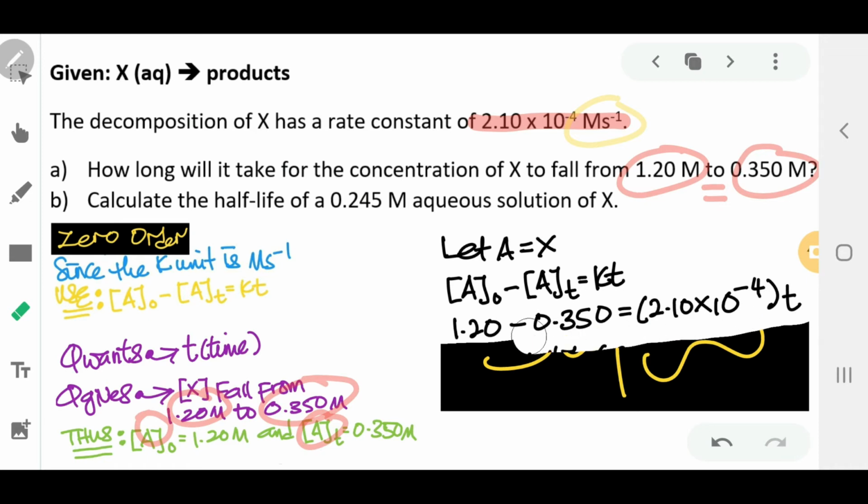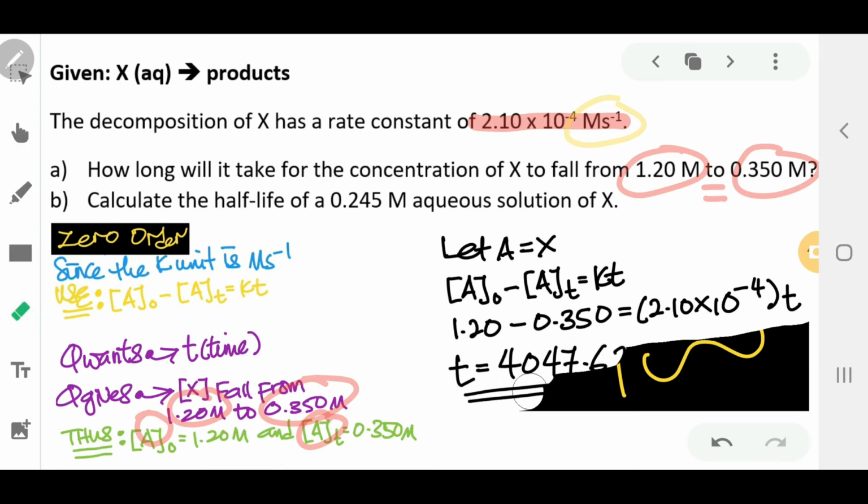So you're just going to plug in all the values. I'll take 1.2 as the initial concentration as what the question has told you, and the concentration at a given time, 0.35. Plug that in right there. You're going to take the rate constant, put that in there, and we're going to be able to find t.